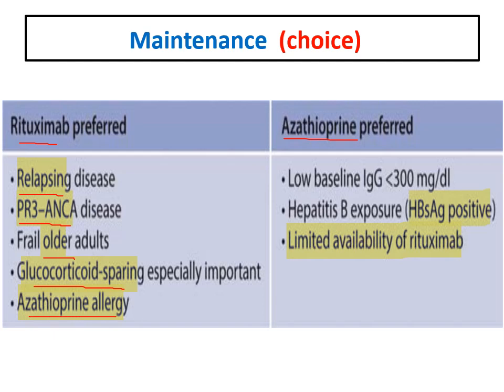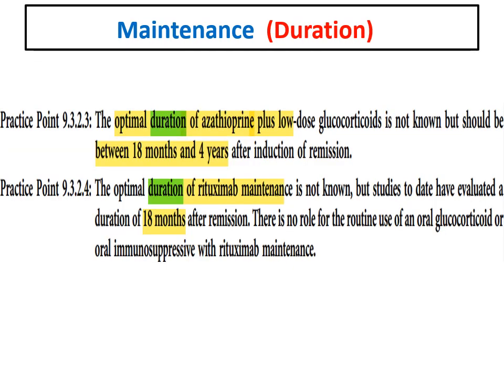And of course, we can use azathioprine if there is limited availability of rituximab, or in patients who are hepatitis B virus positive, or in patients with low immunoglobulin G. These are the criteria of how to choose between rituximab and azathioprine for maintenance therapy.